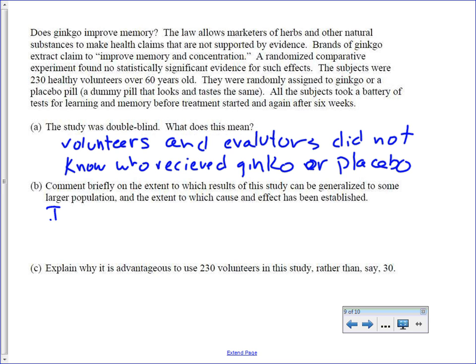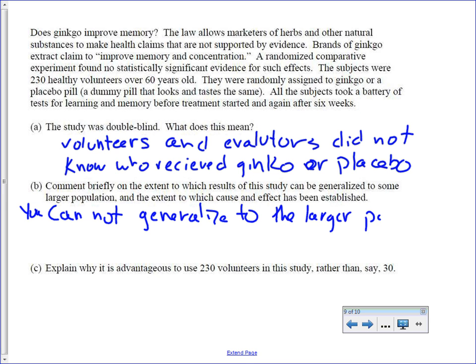Well, basically, because it was volunteers, you cannot generalize to the larger population, because volunteers were not randomly selected.